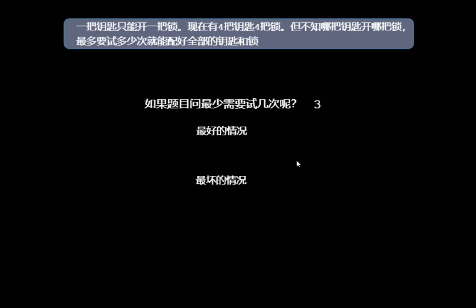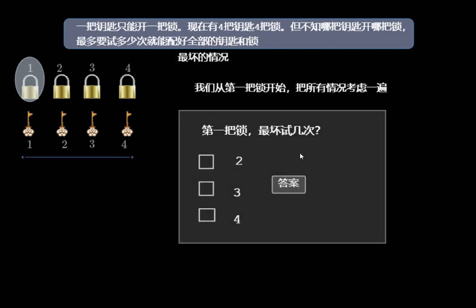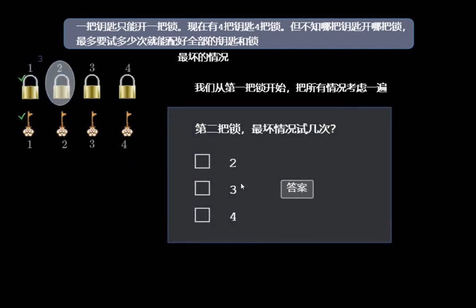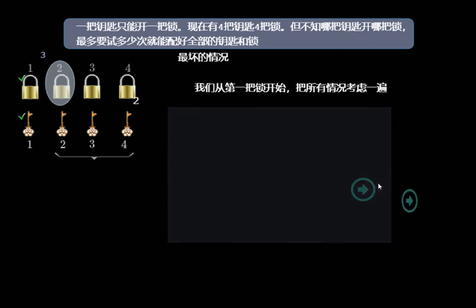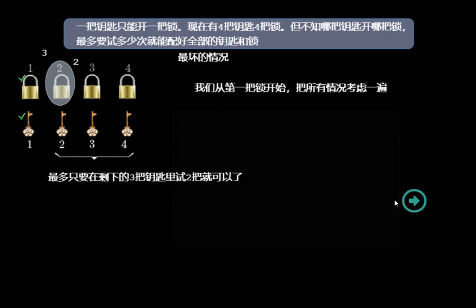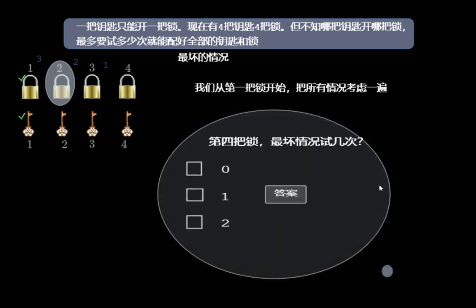We start from the first lock and consider all the possibilities. By the way, we only need to try 2 keys out of the remaining 3 keys at most. By the way, if there is only one key and one lock left, they must be a pair.